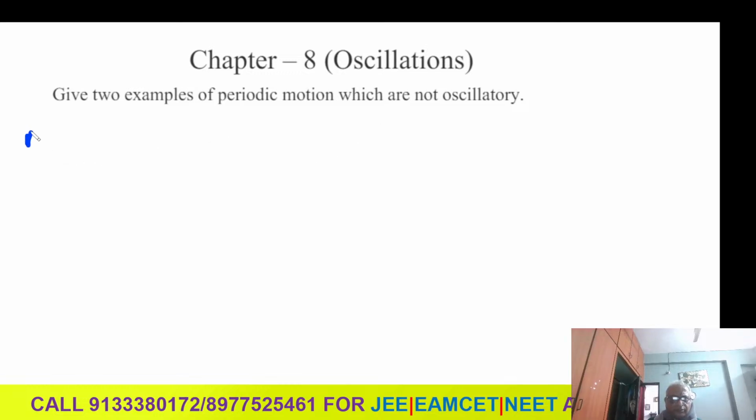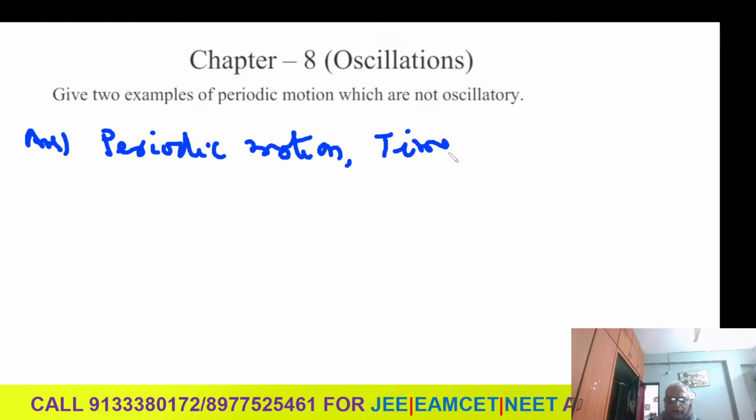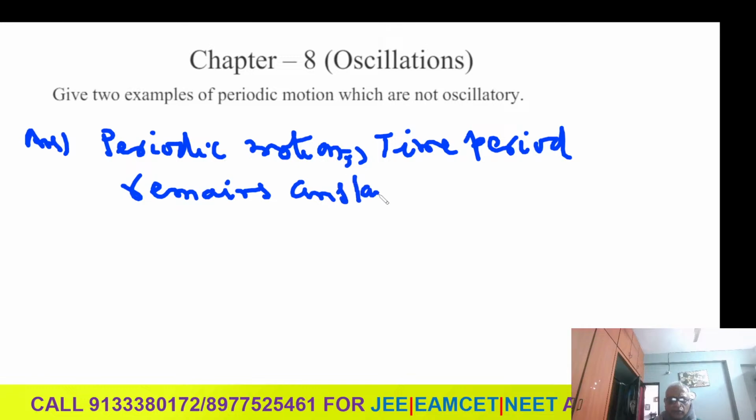First, the answer: periodic motion means the time period remains constant. Time period means the time taken to complete one rotation or one oscillation. That is called periodic motion.